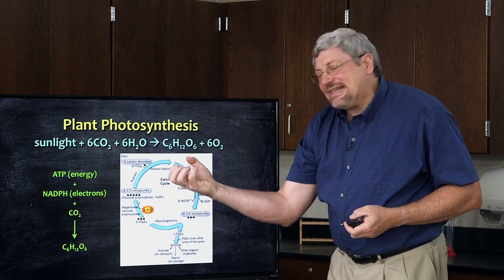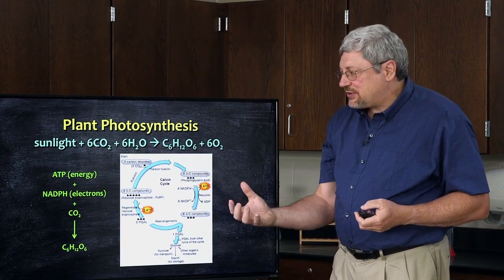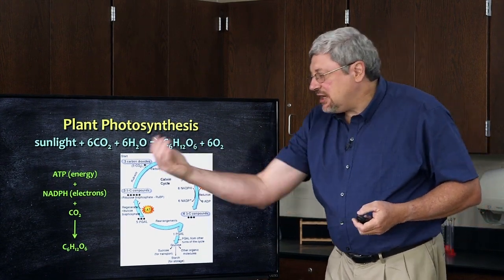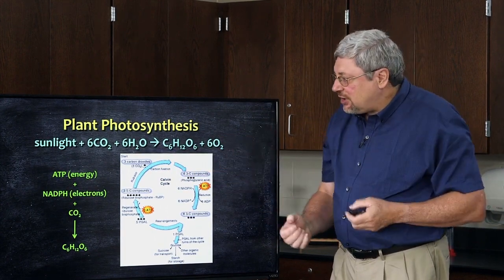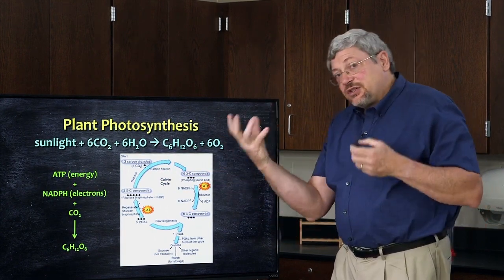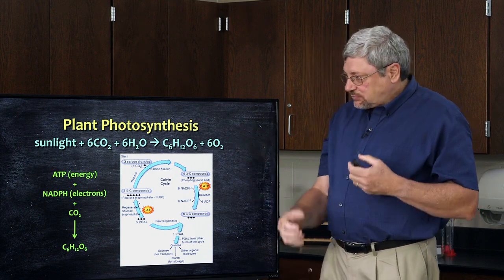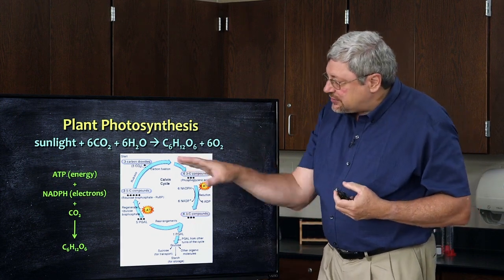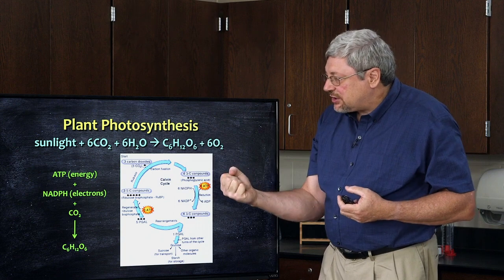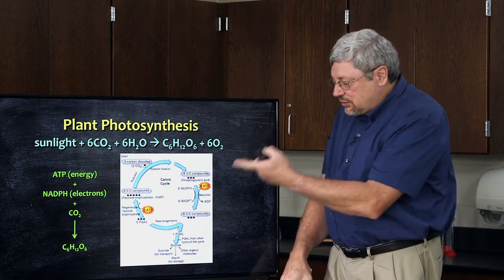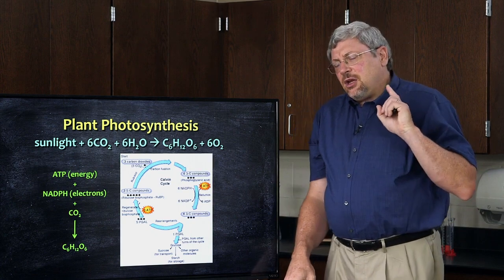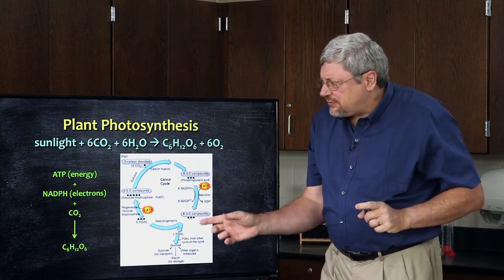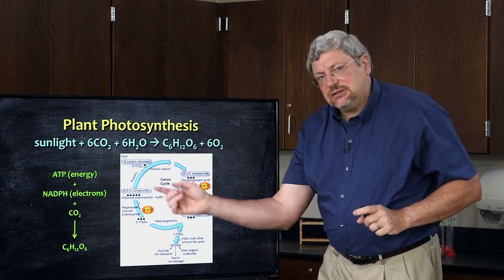What comes into this part of photosynthesis is ATP that we generated in the light-dependent reactions and some electrons. These are the things that we're going to need, in addition to the carbon dioxide, to ultimately produce our sugar.